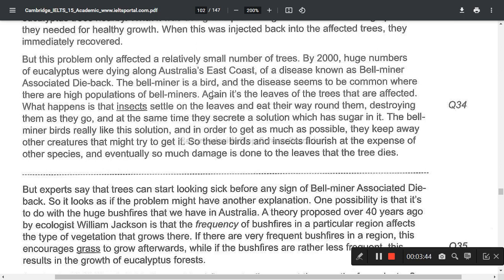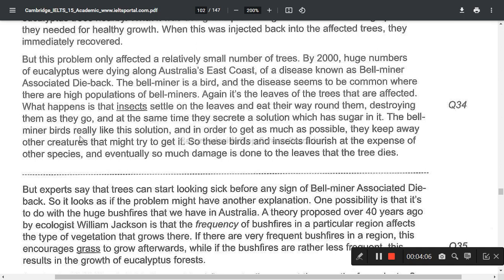Again, it is the leaves of the trees that are affected. What happens is that insects settle on the leaves and eat their way around them, destroying them as they go, and at the same time they secrete a solution which has sugar in it.